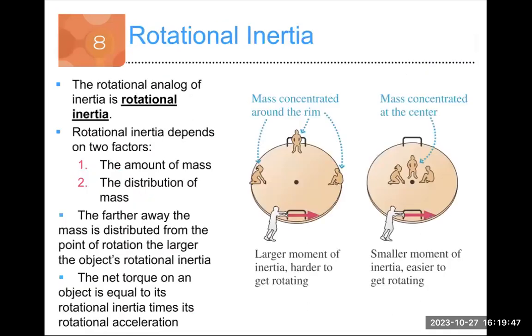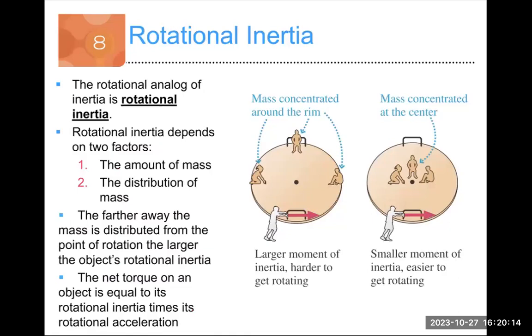So we also have a quantity that's known as the rotational inertia. Your rotational inertia depends upon the amount of mass and the distribution of that mass, as you can see in this merry-go-round.